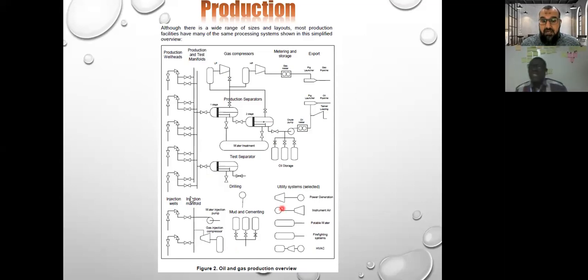We also have symbology for pumps, like the water injection pump and the gas compression injection system. So this is typically the plot diagram or flow diagram of the production facility, starting from production wellhead, testing manifold, gas compression, metering and storage, and then export. All right.